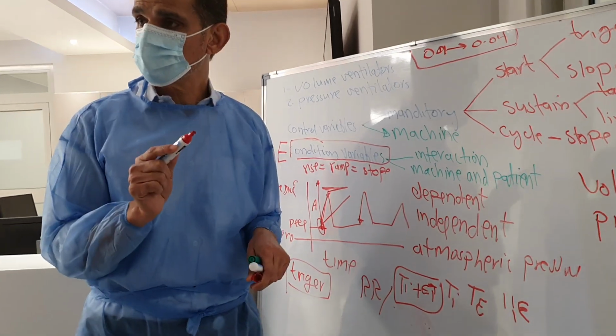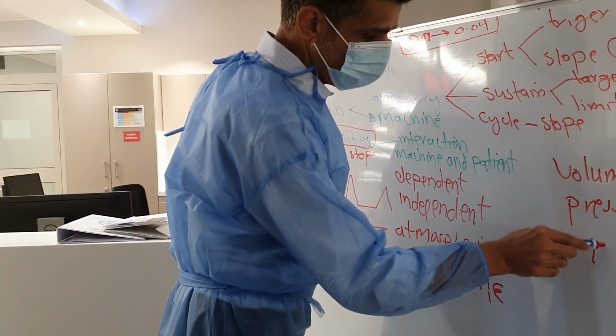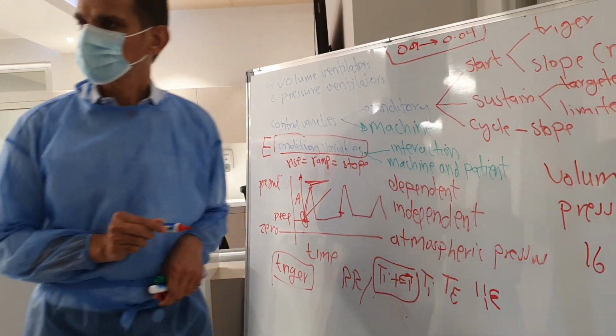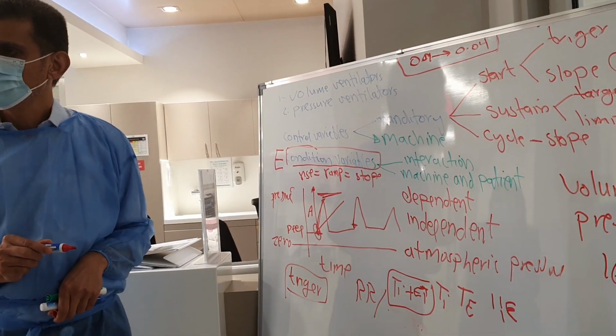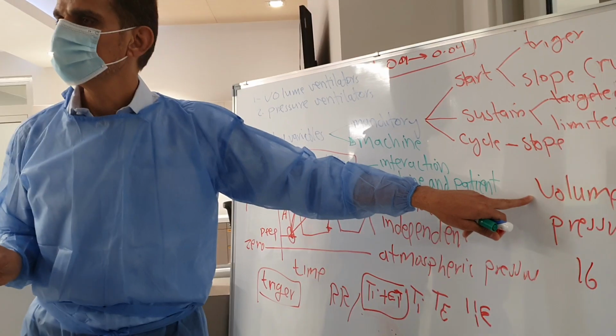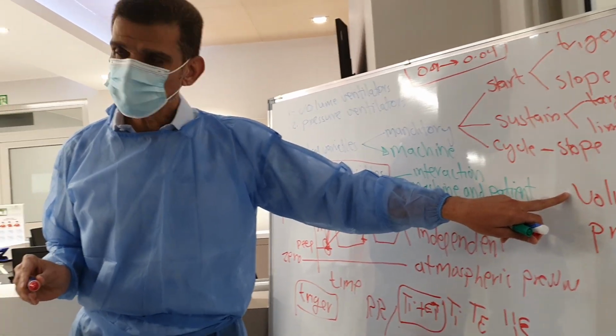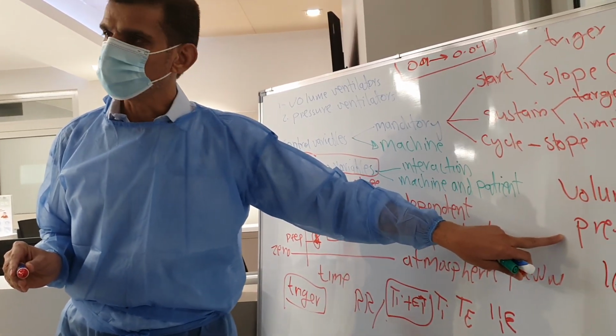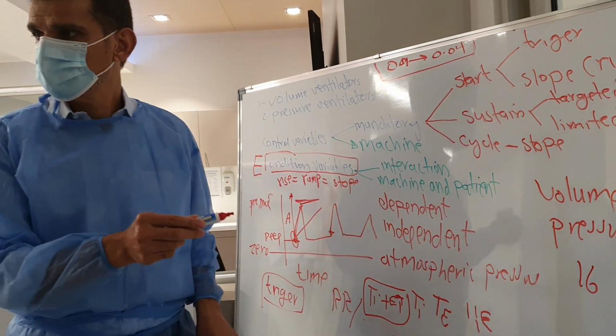Or I will tell the machine, give 16 pressure. Always the machine will deliver, but change the volume. So this is volume targeted, this is pressure limited. That's why I love to use both.